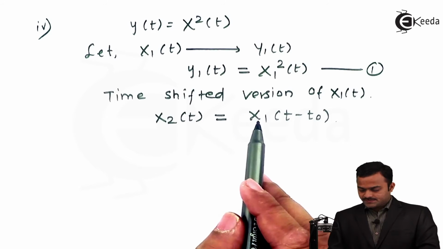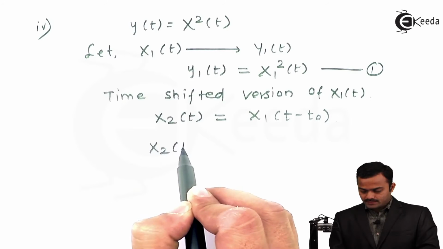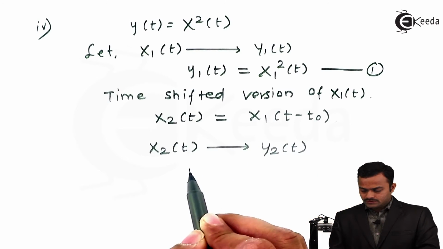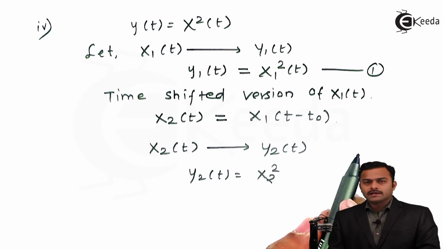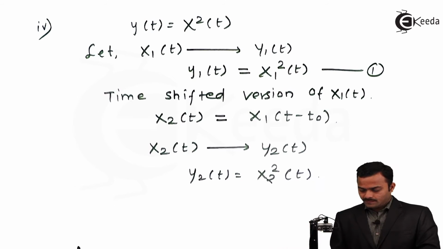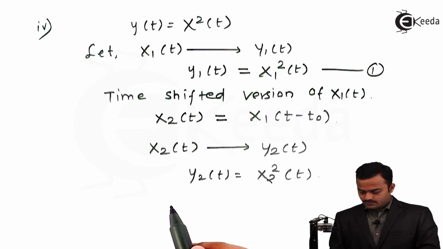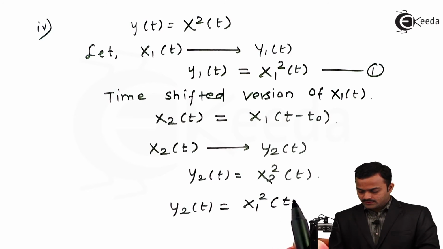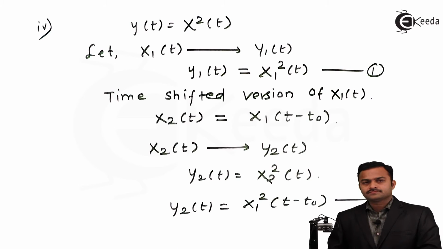Applying this input to the system, I get the output y2t, which is x2 square t, and since x2 is x1 of t minus t0, y2t is x1 square of t minus t0. Second equation.